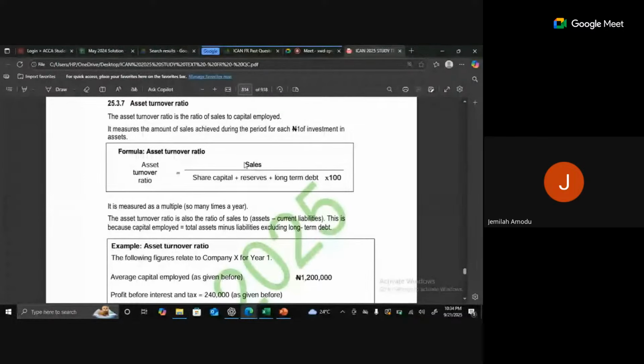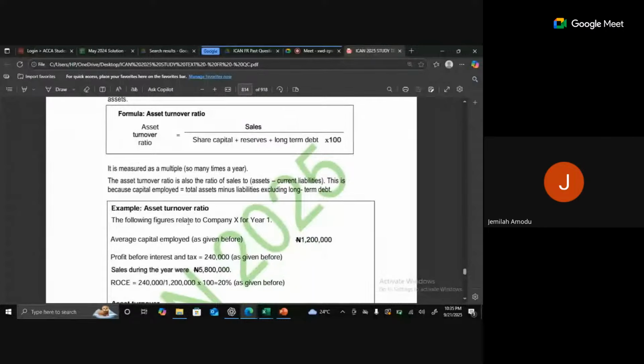You want to know that, okay, for every 1 naira of sales that we made, say 100,000 naira sales, we will now want to compare it with the amount of investment that was made. For every one of those 1 naira sales that was achieved, you want to compare the amount of investment that went into ensuring that the sale was made. That is basically what you are looking at.